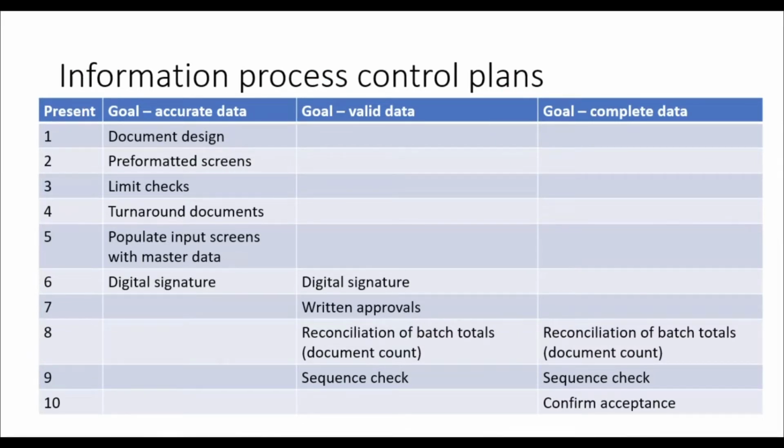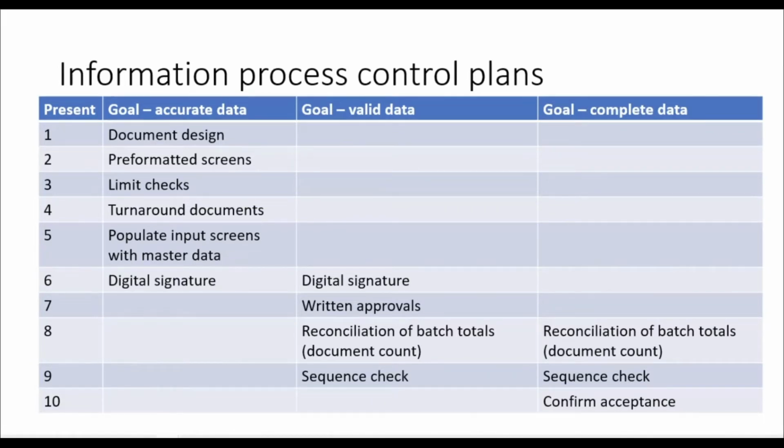There are certain control plans such as document design, pre-formatted screens, conducting limit checks, turnaround documents, populating input screen with master data, that assist in making data accurate and valid. Digital signatures assist in making data accurate and valid.